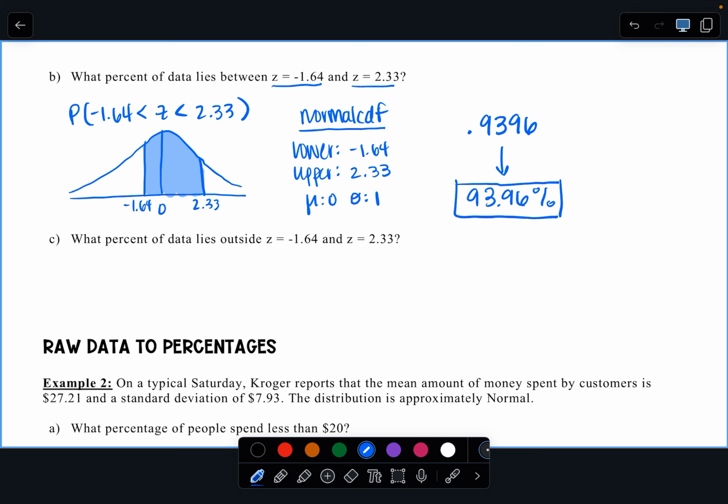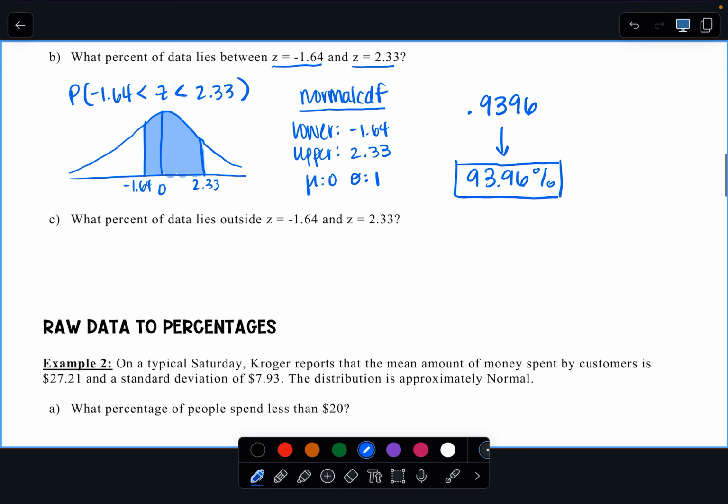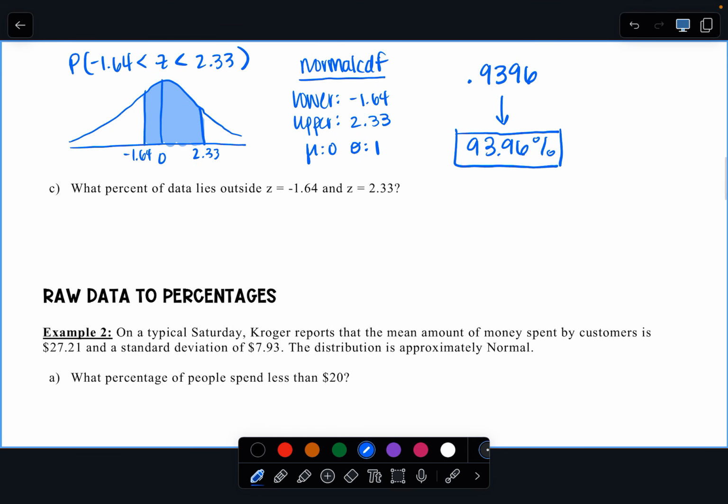Now for the AP exam, a lot of the time they will lead you into other questions. So when I look at question C and I see what percent of data lies outside, I do my same picture, negative 1.64 and 2.33, and the area I'm interested in for this one is underneath and above.